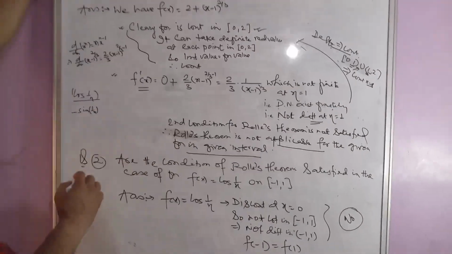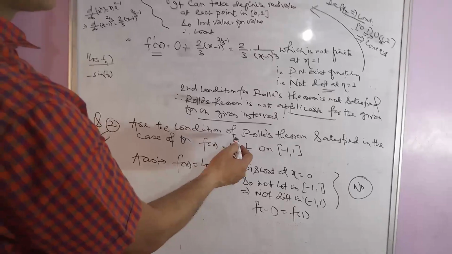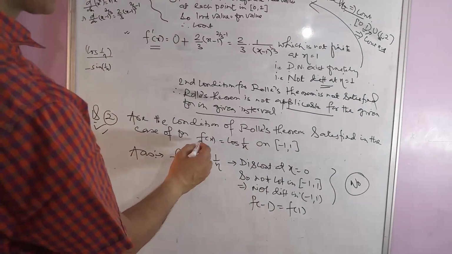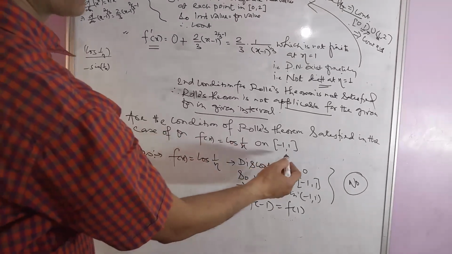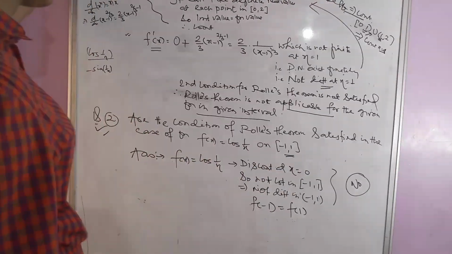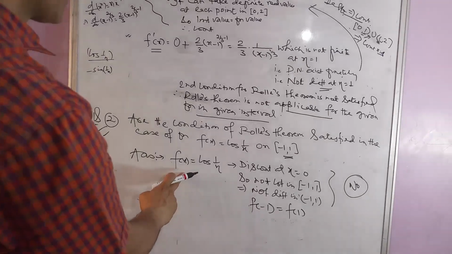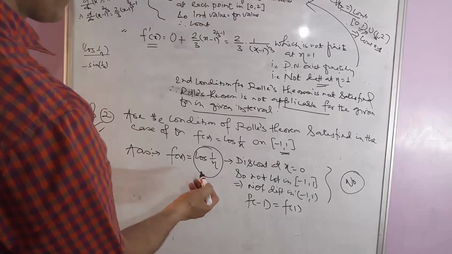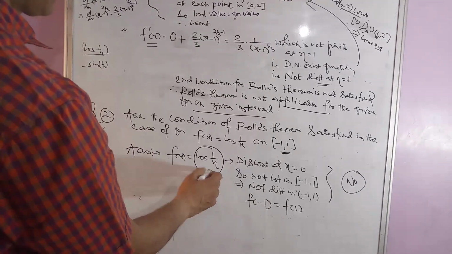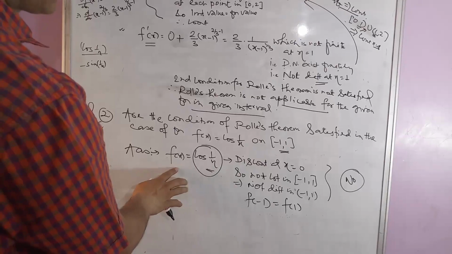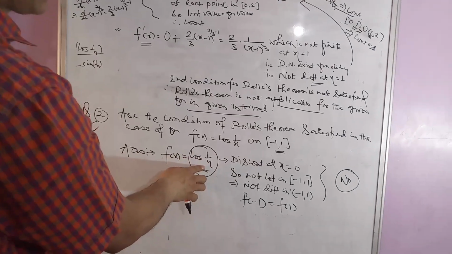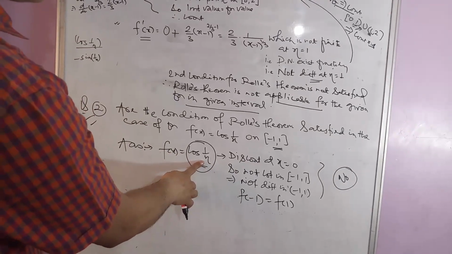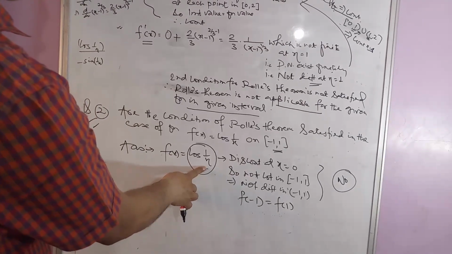We take the next question. Are the conditions of Rolle's theorem satisfied in case of the function f(x) equal to cos 1 by x on the closed interval minus 1 to 1? We know from the previous chapter that f(x) equal to sin 1 by x and f(x) equal to cos 1 by x have discontinuity of oscillating type.